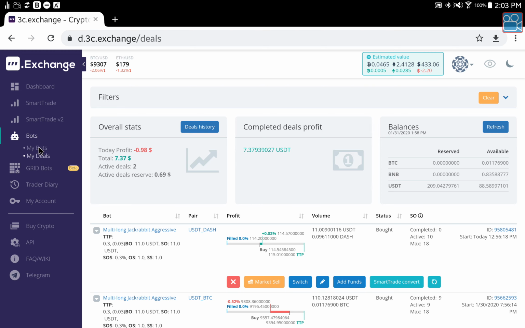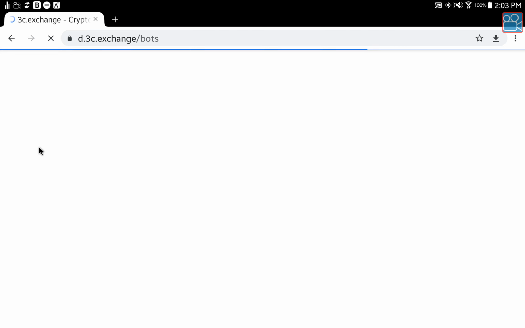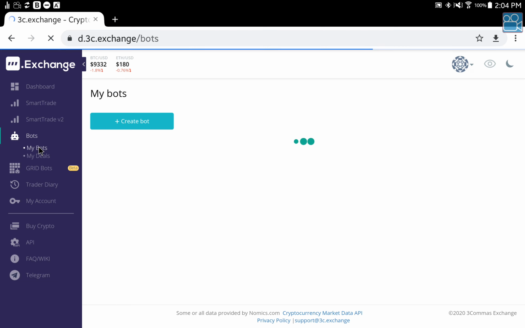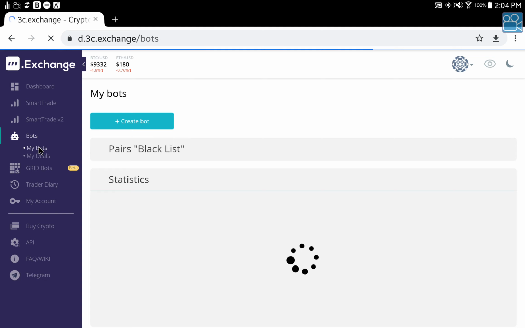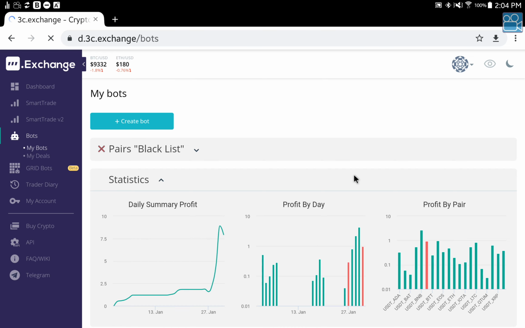And let's see if I can get some better statistics here. Okay, here is my dashboard, my statistics. Here's my strategic loss. As you can see, it shows up here.